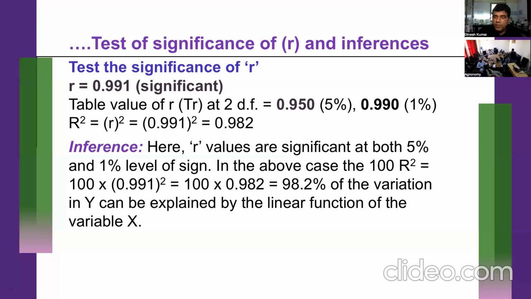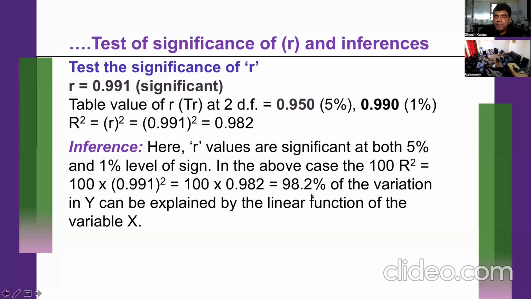I will explain in full detail what is meant by coefficient of determination later in the class. But for the time being, if you square the value, it comes out to be 0.982. If you multiply this value by 100, that means 98.2.